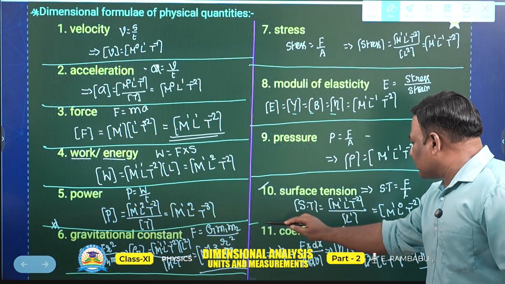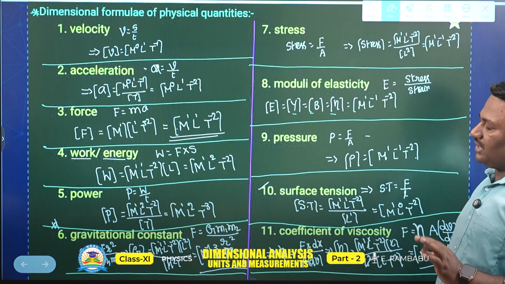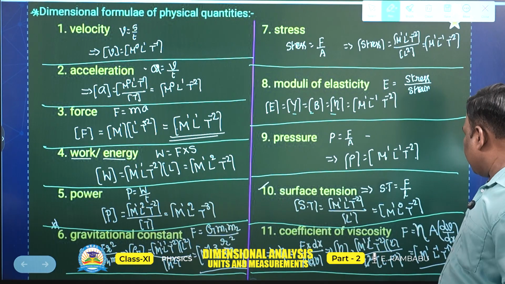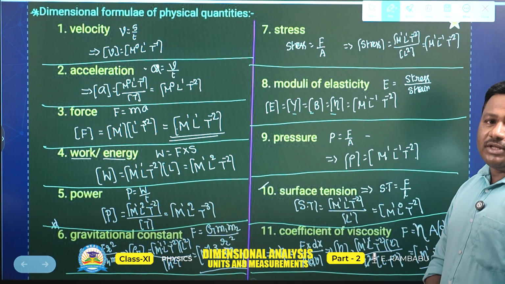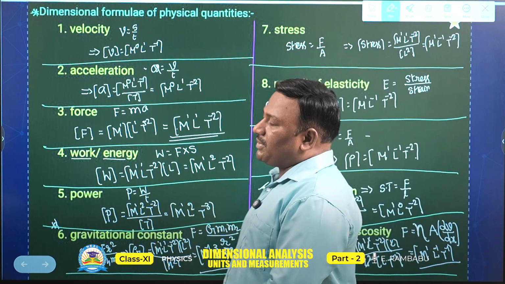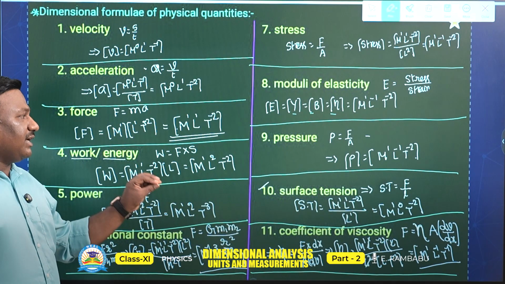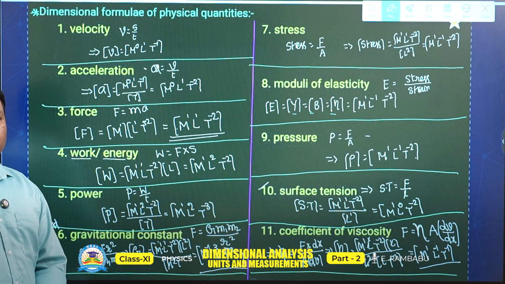The next one is surface tension. And the final one is coefficient of viscosity. Correct? Coefficient of viscosity is M to the power 1, L to the power minus 1, T to the power minus 1. So these are the dimensional formulas for some standard physical quantities. With the help of those, we can solve the objective questions.